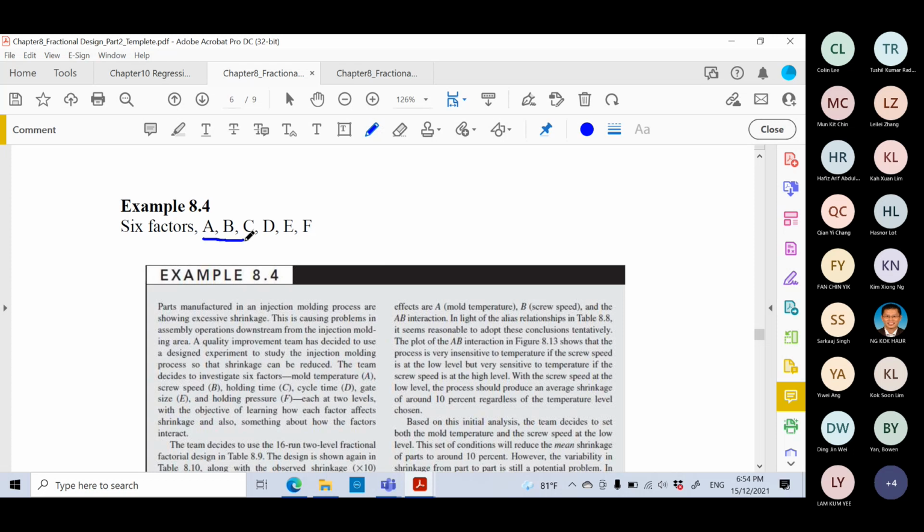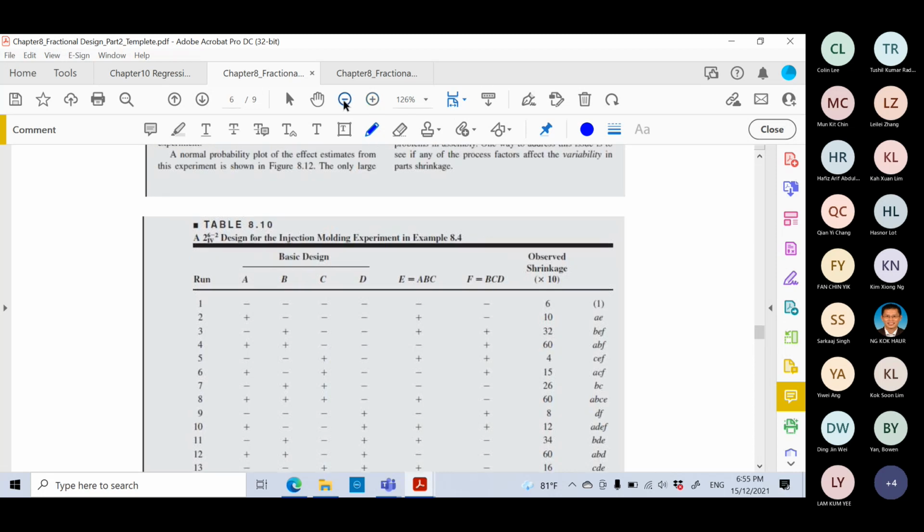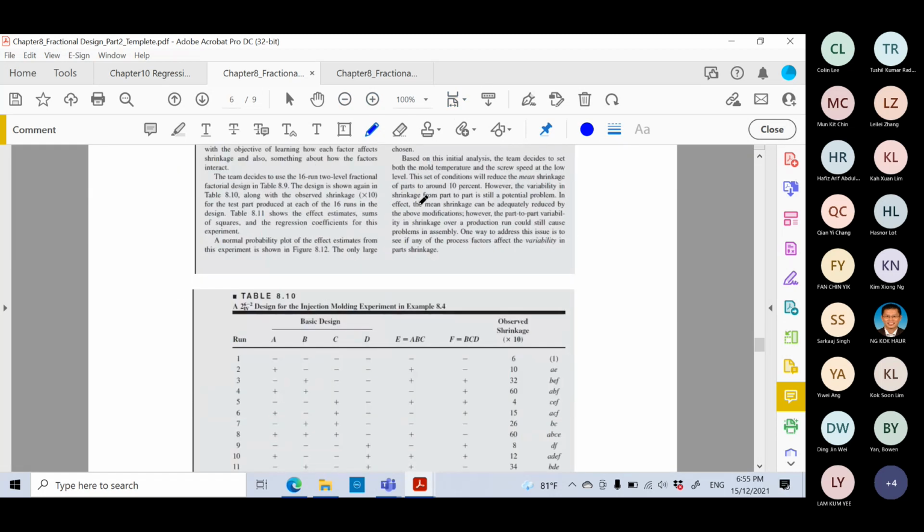I will write it as ABCD, and then for the E and the F here, I can base on the defining relation to get the plus minus signs of the E and the F here. Okay, so this is the diagram, where the ABCD you write as plus minus signs, similar to what I mentioned just now. So for the E here, the E will be equal to the ABC.